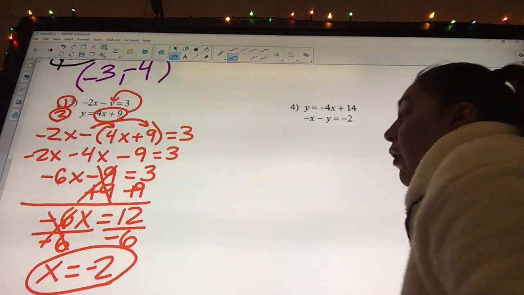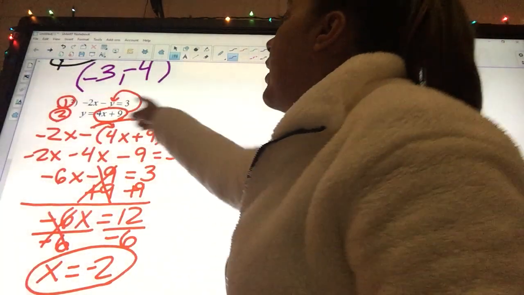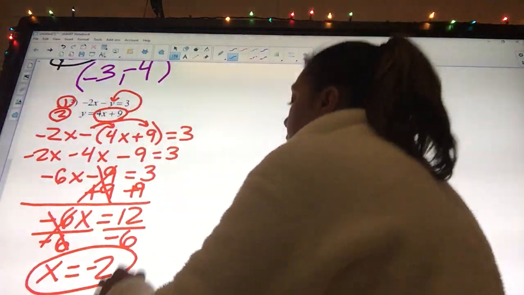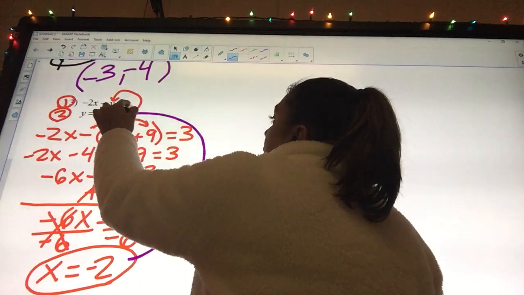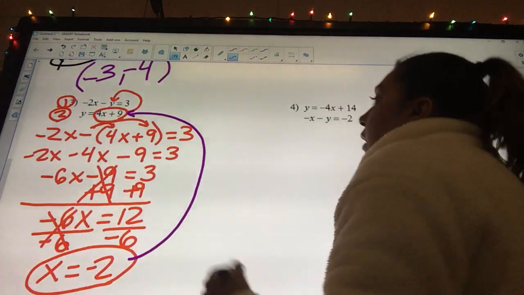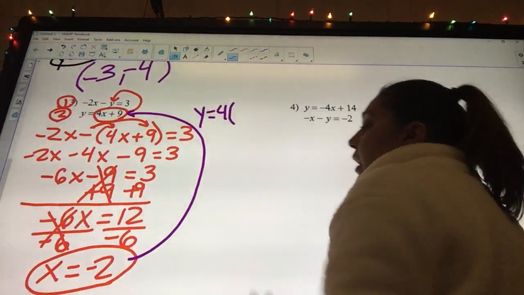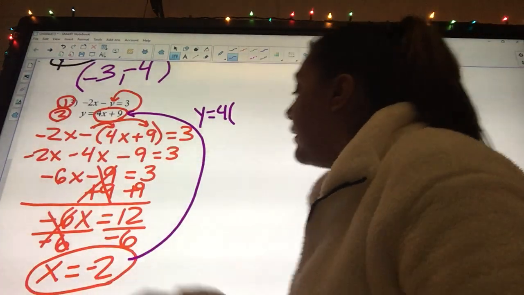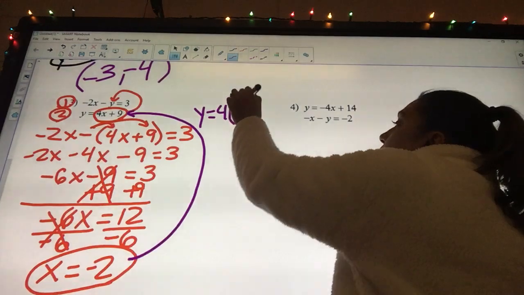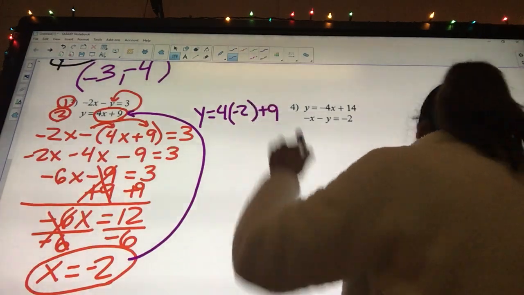Every time after we solve for x, you plug it into whatever you circled, into one of these other equations. So it's going to get plugged in way up here. That's going to be y equals 4, and instead of x, we know what x is now. Well, x is -2, plus 9.